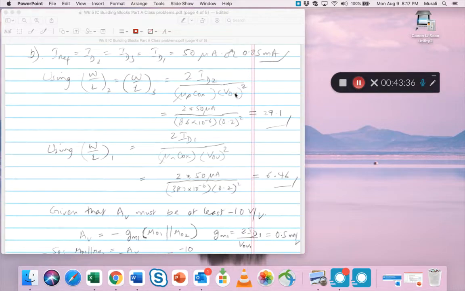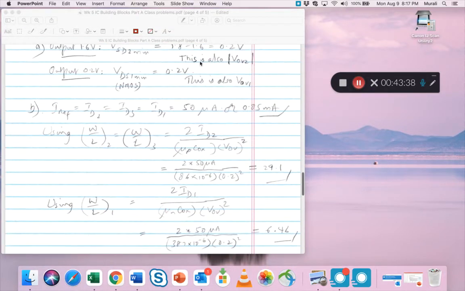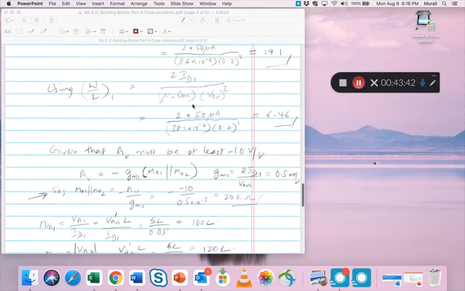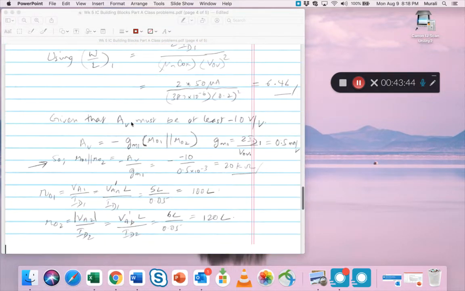And we get these overdrive voltages from above, which happen to both be the same anyway, 0.2 volts. So given that VA must be at least minus 10, you plug that in, and GM1 for transistor 1 you can directly calculate as 0.5. So you get a value for RO1, RO2 as 20K, right?